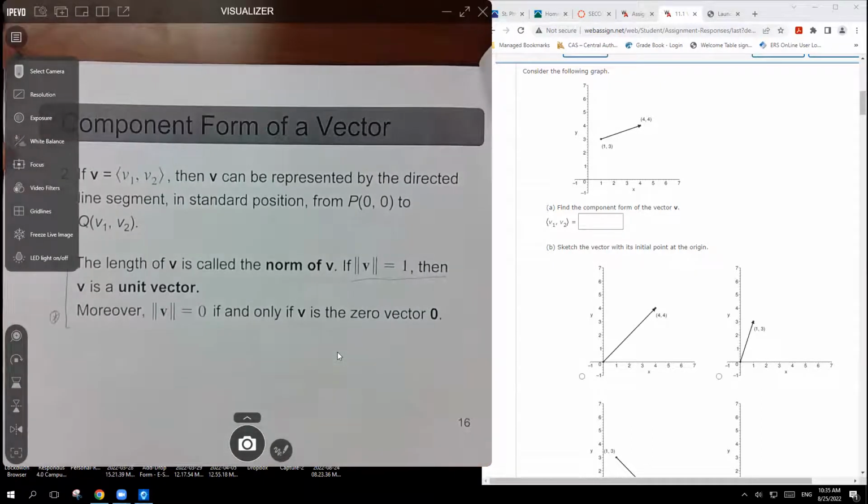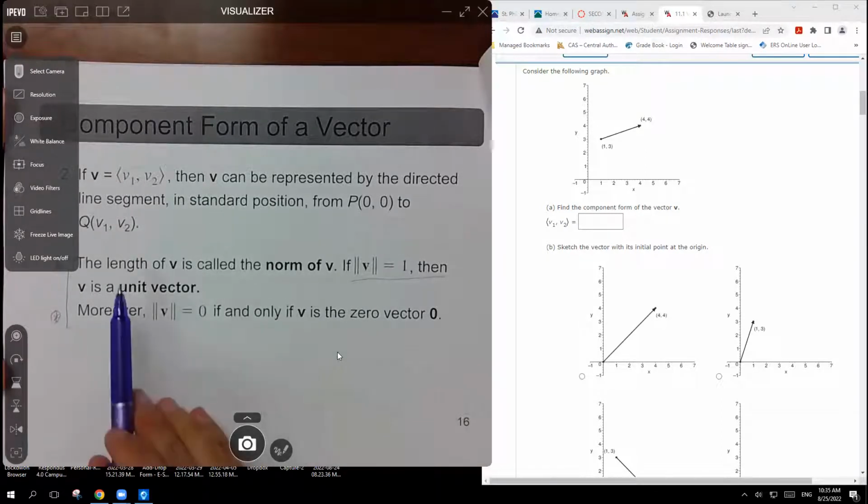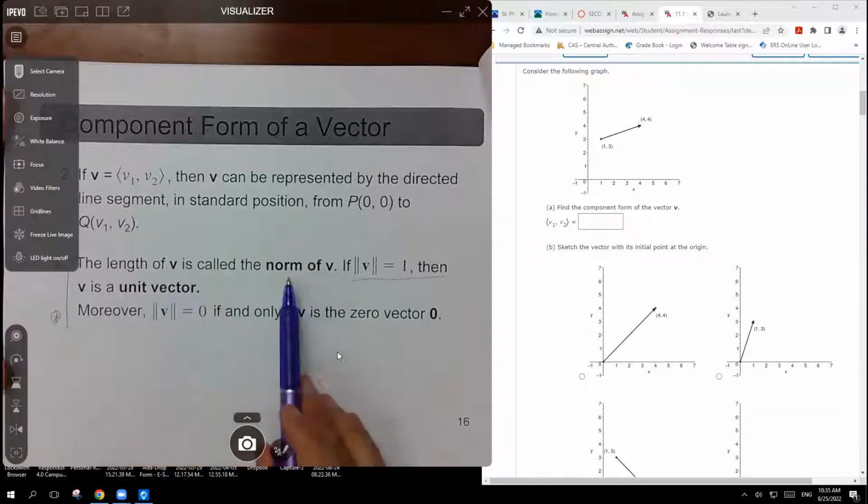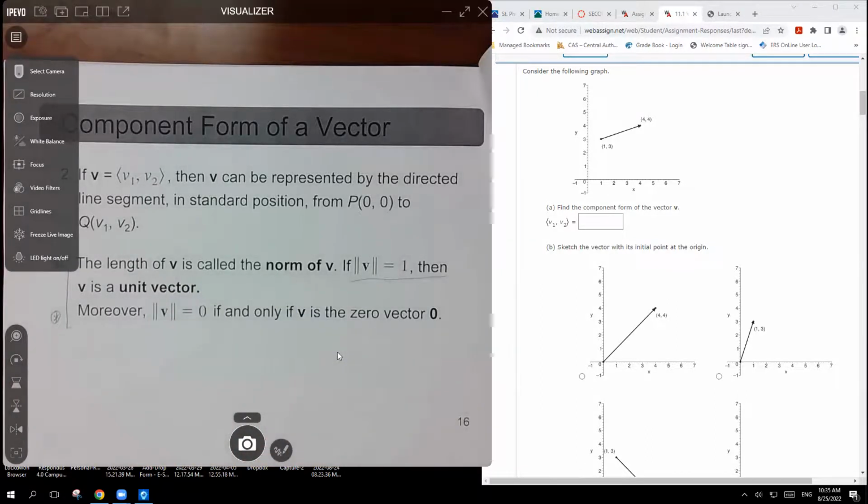Next page. These two pieces of information you just have to know. The length of V is the norm. If you read some books, they're going to tell you, find the norm of the vector.